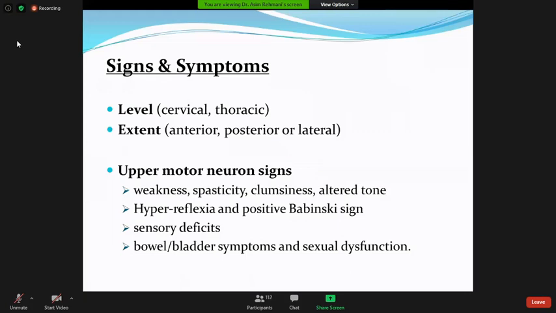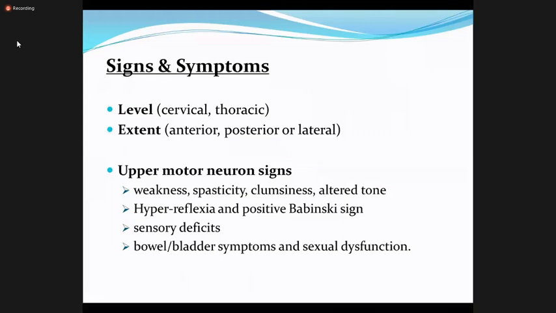In the same way, the extent of the involvement of the spinal cord, whether it is involving the anterior part, posterior part, or lateral component of the spinal cord, will be shown in the signs and symptoms.